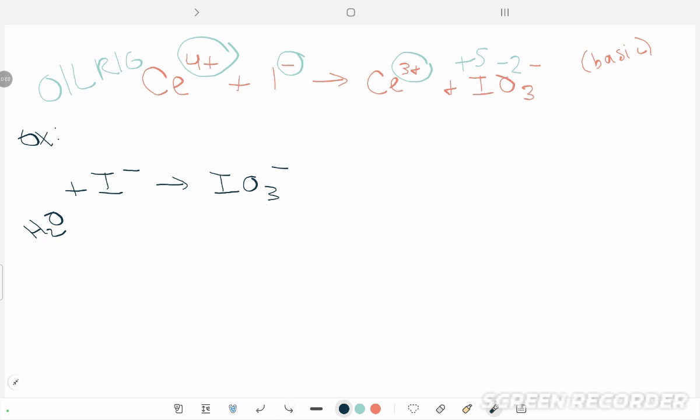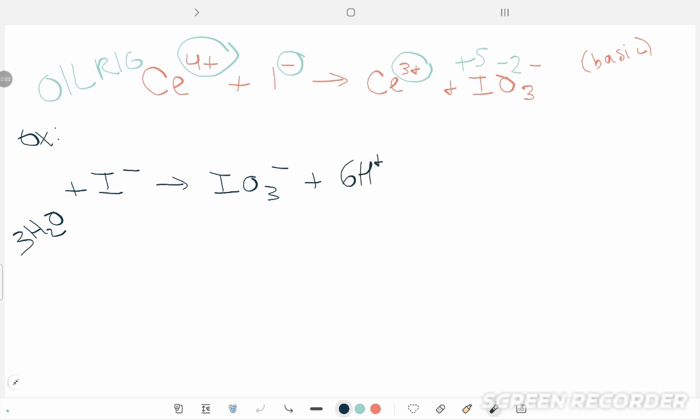So there's going to be 3 H2O. And then now we have to balance the H's that just popped up. So that means we're going to go back to the right side, and there's 2 times 3, there's 6. So you're going to add 6H.